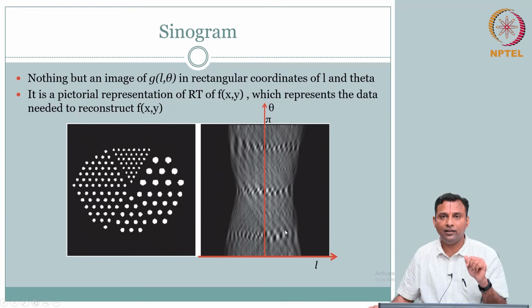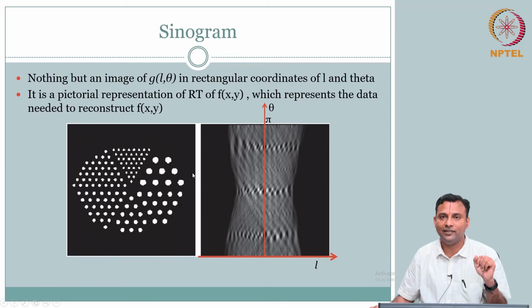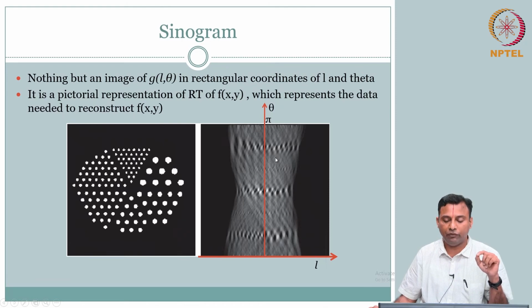Now it is vertical, but if you actually rotate it, you will see that it is the typical sinusoid that we are used to plotting. The name derives because you see these sinusoids. It is fundamental that if you have a point, it turns out to be a sinusoidal feature, and therefore this is called a sinogram. Okay. So, that is for the name.